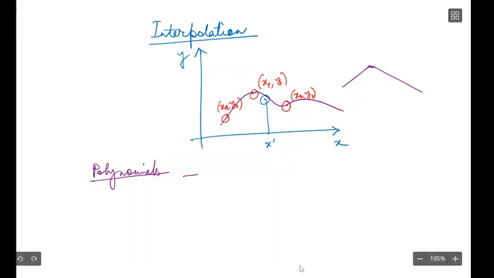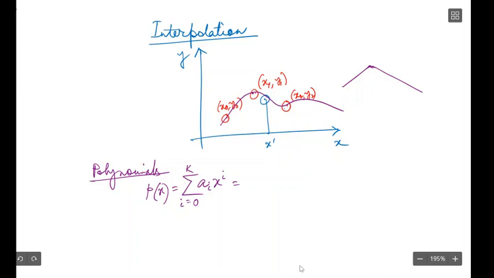A polynomial is an expression of the form the sum of a_i x to the power i, where i ranges from 0 to some fixed integer k. I can write it as p(x).